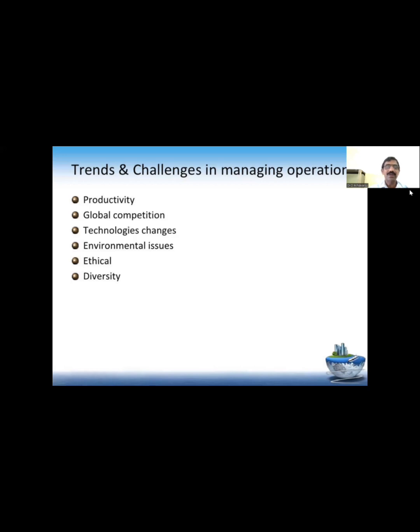Various developed countries are insisting on environmental good practices: then only we will buy the component from your company. So whether you are a local, national or international manufacturer, irrespective of anything, you have to take care of environmental issues. Your process should be environmentally friendly.